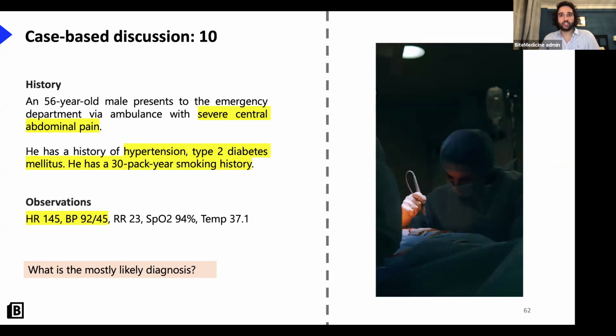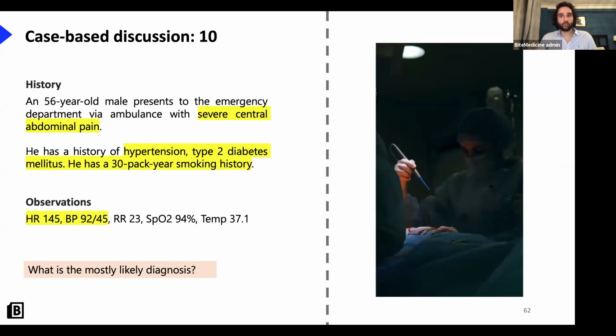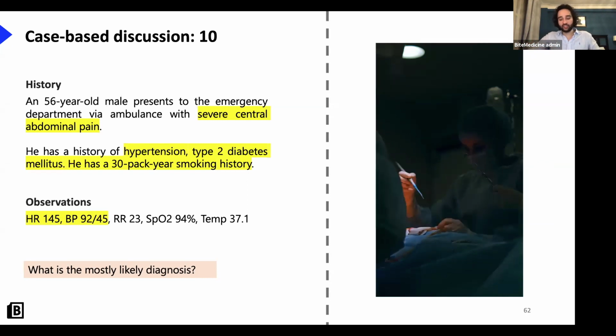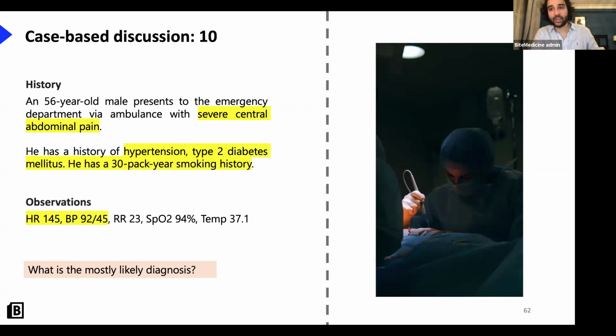He was admitted under urology, waiting for this report to come back, and actually it was a ruptured abdominal aortic aneurysm. Like someone in the chat has said, lots of AAAs come in with back pain as well.